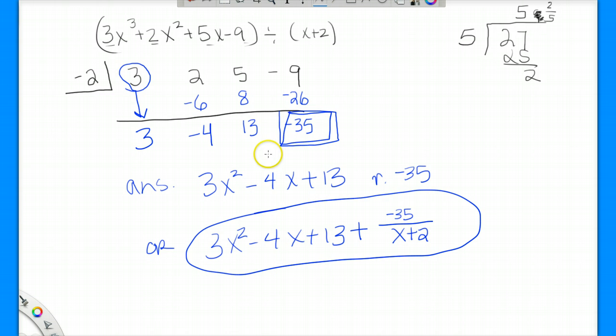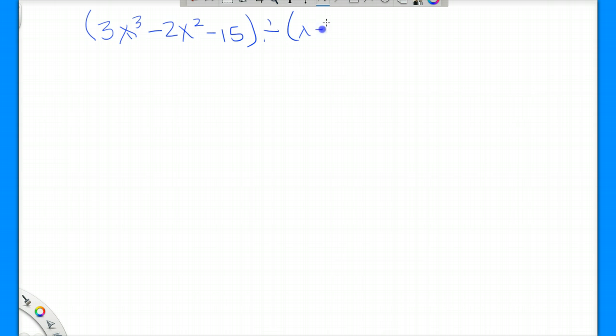Okay, let me do another example. Now I'm going to do the example that was on page 11 of your notes. 3x to the third, minus 2x squared, minus 15, and I'm going to divide by x minus 2, synthetically.